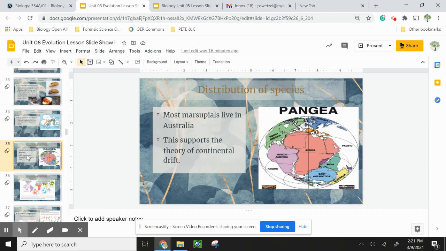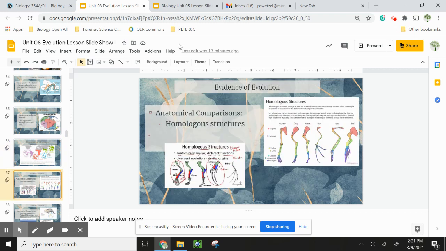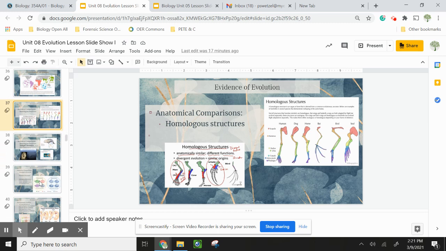That's the distribution of species that supports not only Pangea, but also evolution. Distribution of species can also be looked at when we think about how the diversity of organisms are distributed across the planet. When we look at different anatomical comparisons, there's a few terms that come into play here.